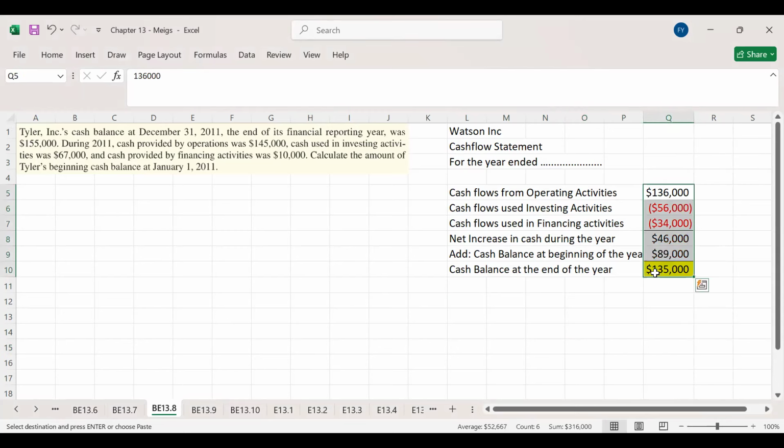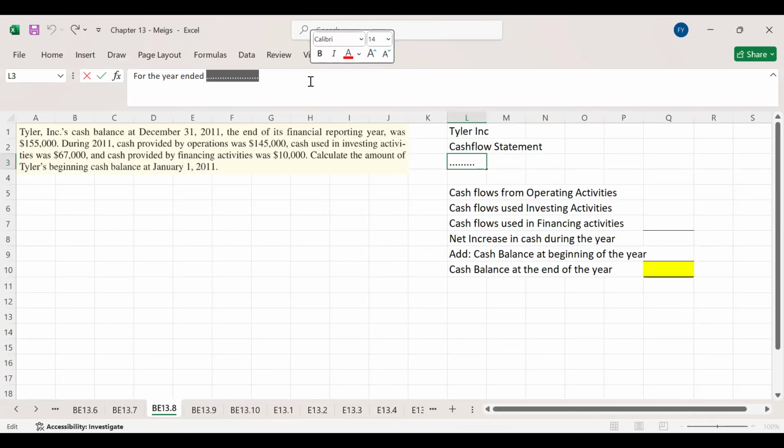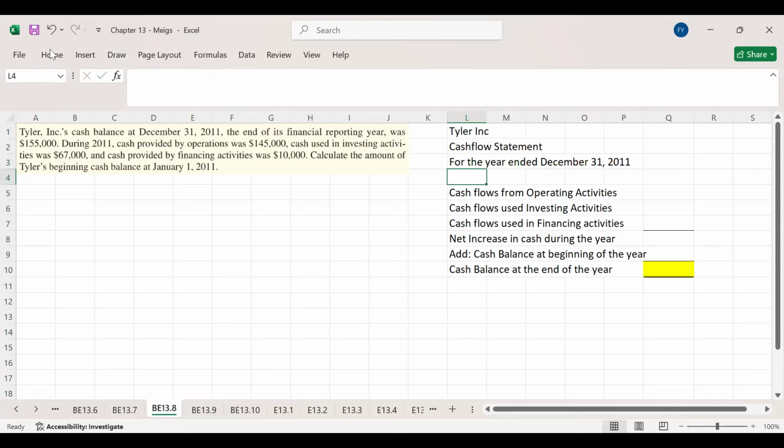So here we have the name of the company, which is Taylor Irons Incorporation. And for the year ended, the time is also given, December 31st, 2011.